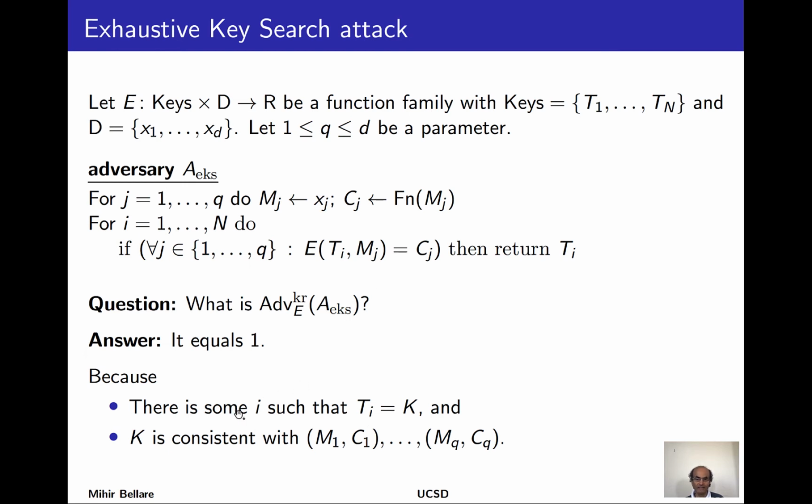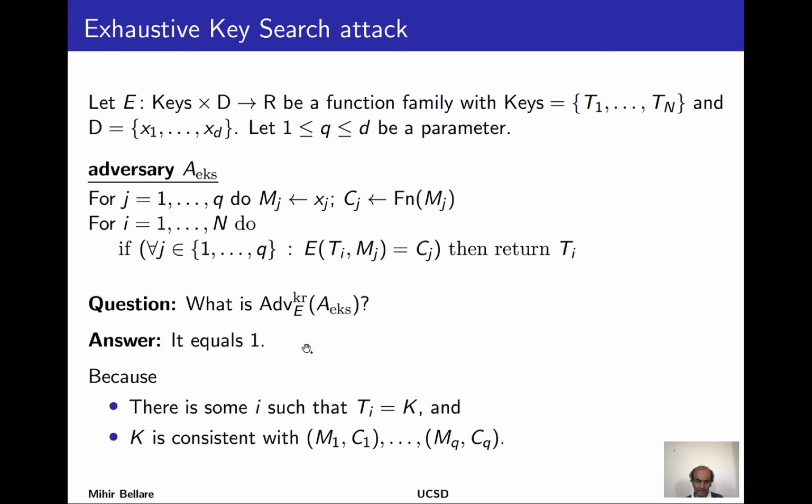So given that the target key is in the list and is, of course, consistent with the input-output examples, and the game is testing whether what the adversary returns is consistent with the input-output examples, whenever the adversary hits that target key, it is going to return something which will make the game say yes.